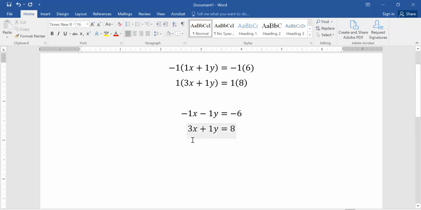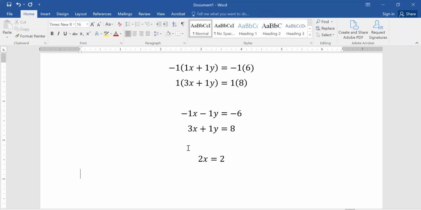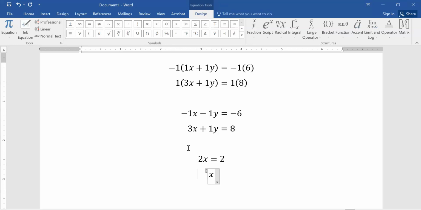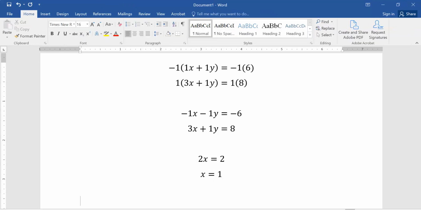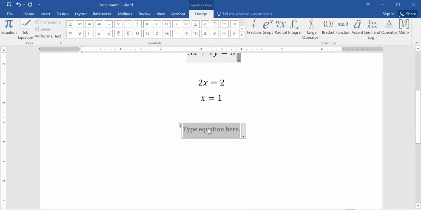So here we go, add up these two equations. We end up with 2x plus 0y is equal to 2. Divide both sides by 2, you get x equals 1. Now I can plug into my equation. Remember, one of my original equations said x plus y equals 6.